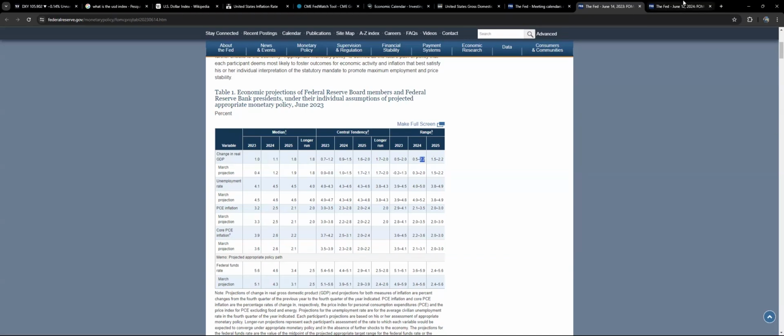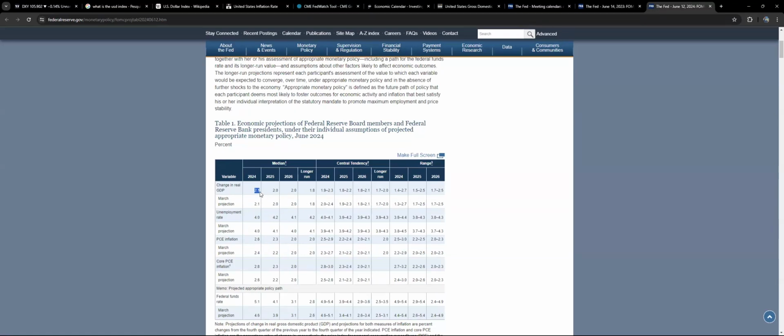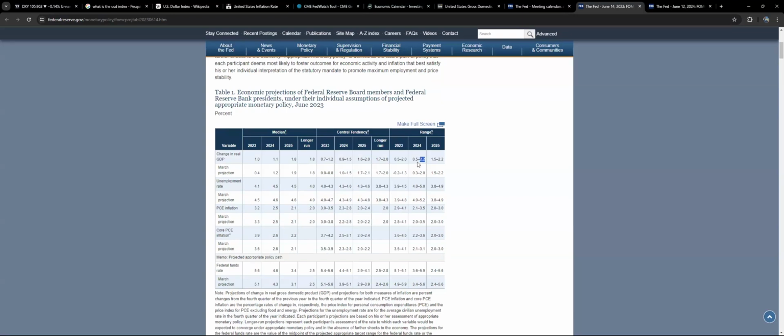And now they are expecting basically more than the range. Okay, they actually put the range, but they're like, okay, no, we're expecting now more than the range. The central tendency is between 1.9 to 2.3, and the range is now 1.5 to 2.5. Well, they've pretty much put 1% in everything higher.